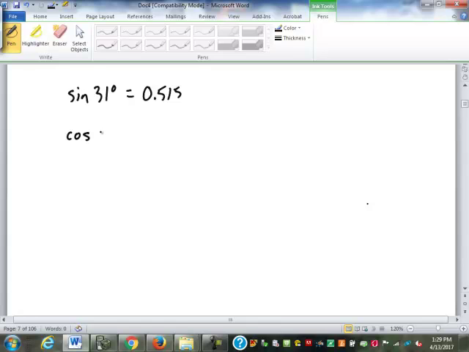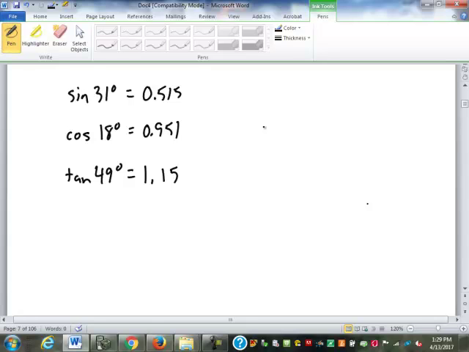For me, calculate the cosine of 18 degrees. 0.951. Calculate, please, the tangent of 49 degrees. 1.15. Those are all easy because those buttons are on your calculator.